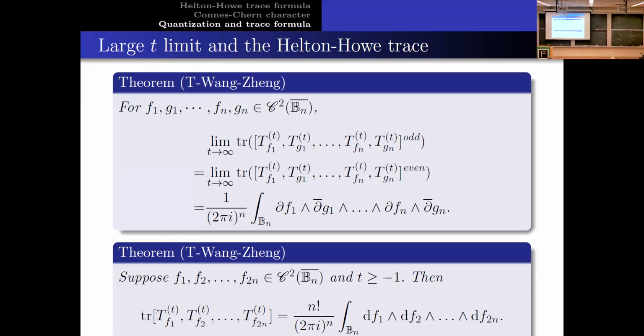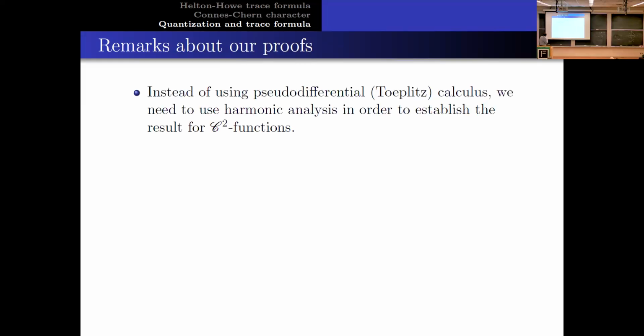Okay, any other questions? Okay, great. So let me make a few remarks about the proof. The first remark is that in the original Helton-Howe trace formula, they worked with smooth functions. But in our development, it's enough to have C2 functions.